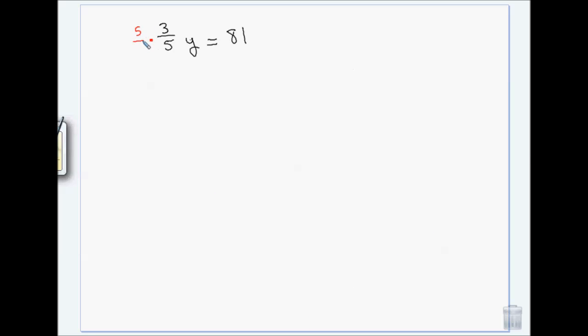So I'm going to multiply by 5/3. Because these will cancel. And then I have 3 goes into 81 27 times. And then I do 27 times 5, so it's 180.